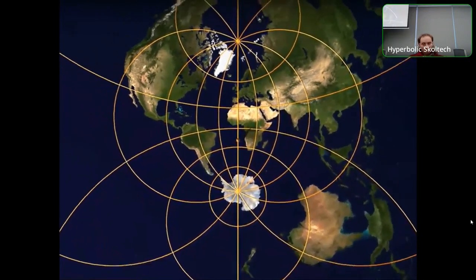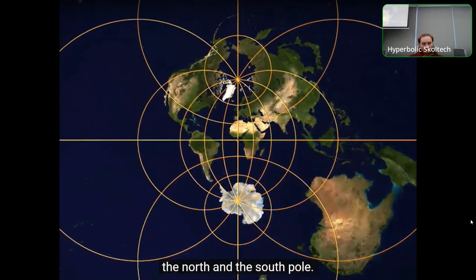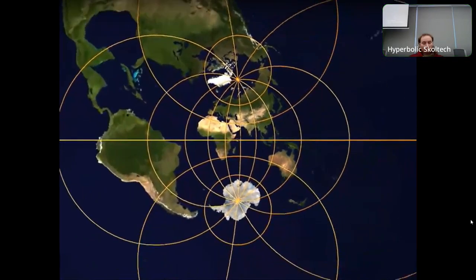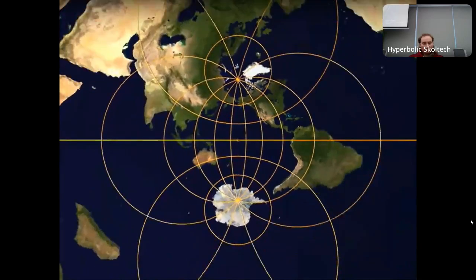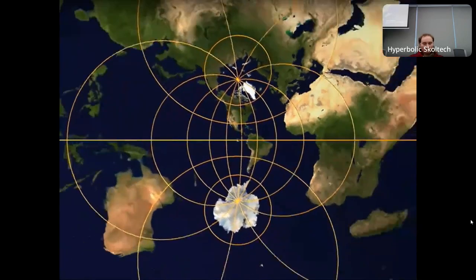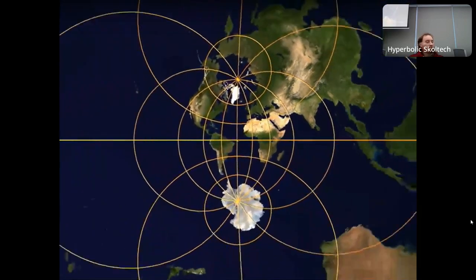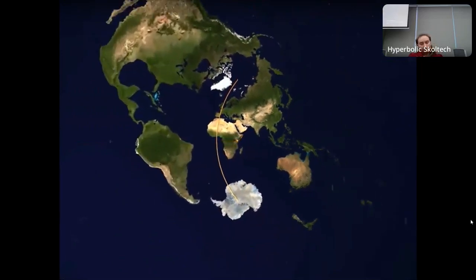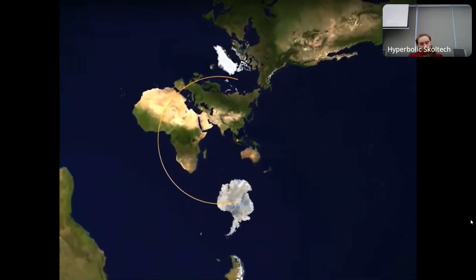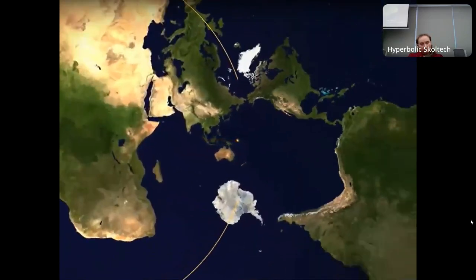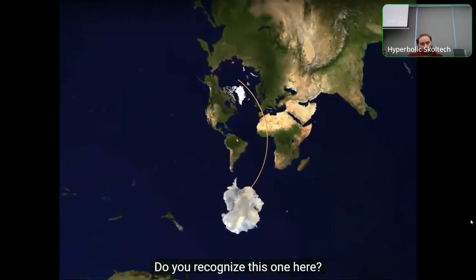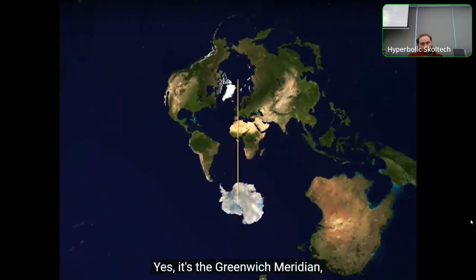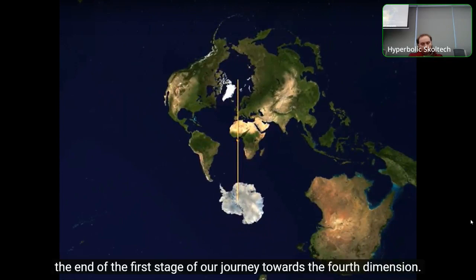All the meridians converge at two points, the North and the South Pole. Do you recognize this one here? Yes, it's the Greenwich meridian, the end of the first stage of our journey towards the fourth dimension.